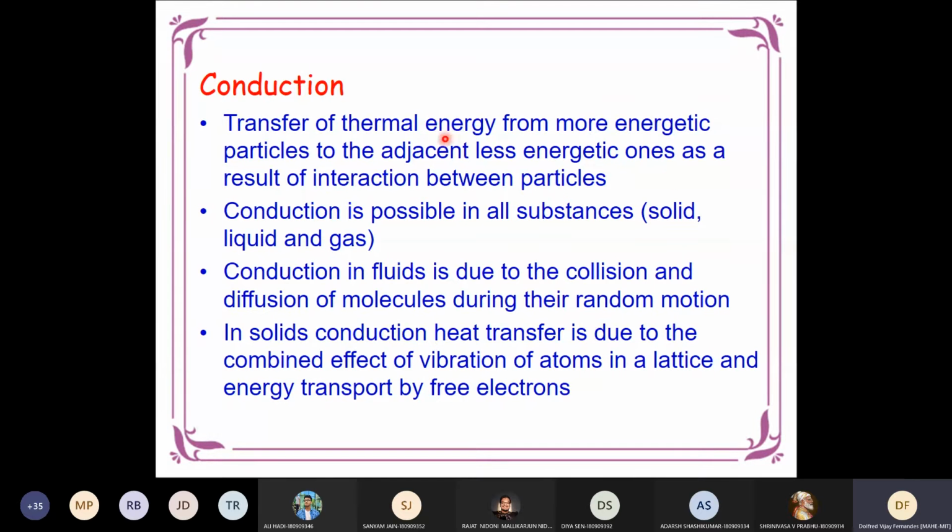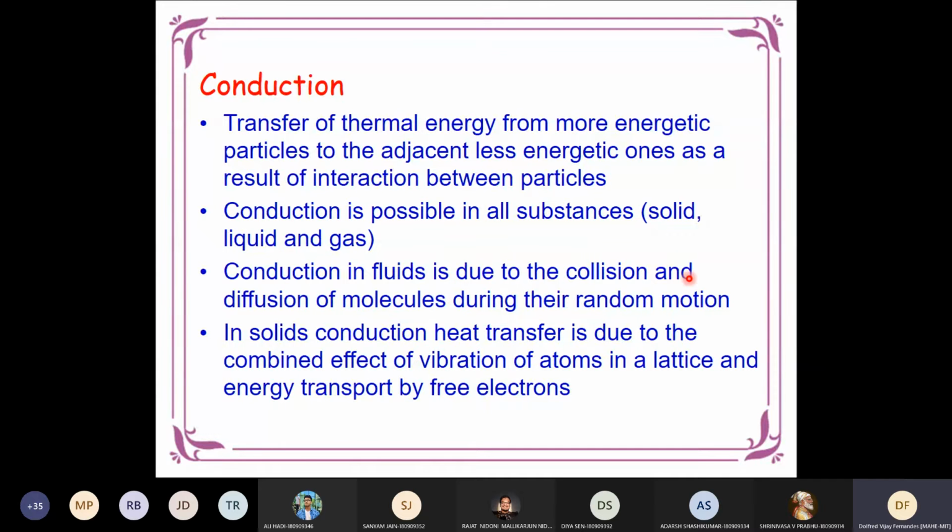Okay, so there are two different phenomena depending on the fluid and solid. So conduction is possible in all substances, irrespective of whether it is solid phase or liquid or gas. So conduction is taking place there.